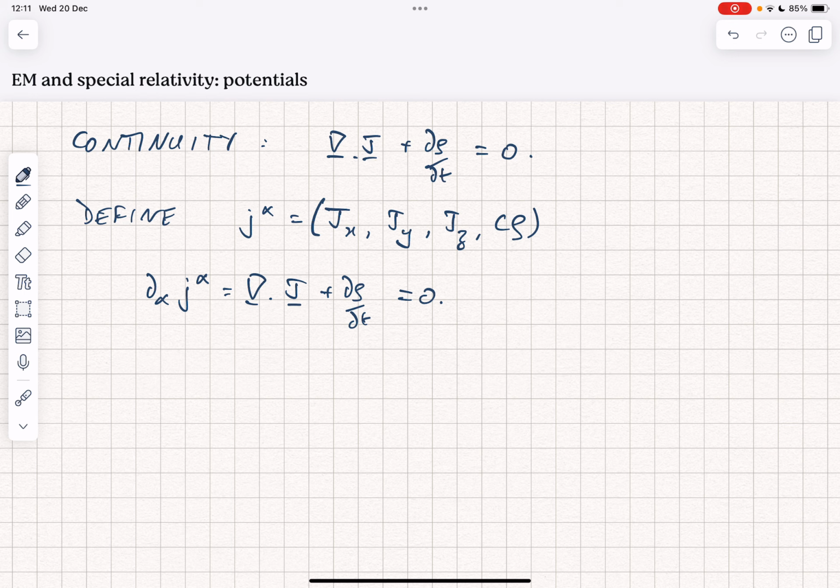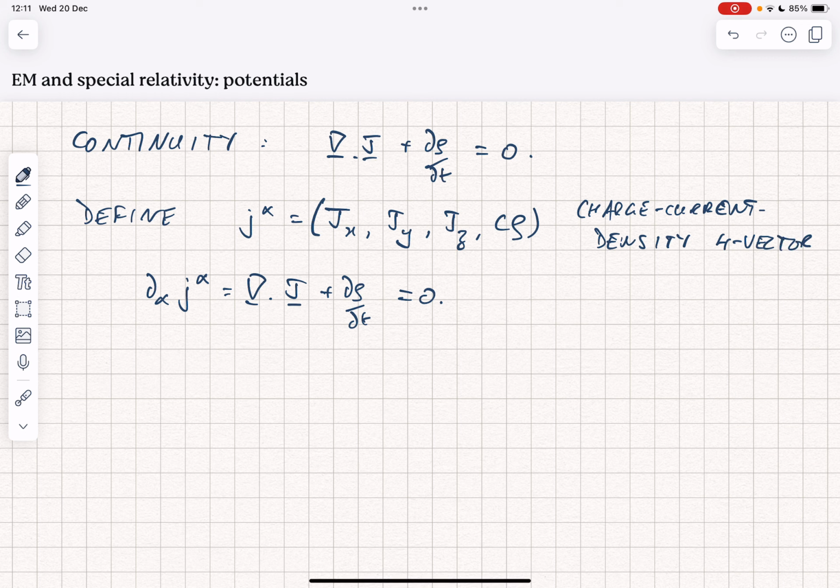It's true in all reference frames. This is perhaps not surprising, but it is reassuring. Defining the charge current density four-vector as we have, let's just write that up here, the charge current density. This isn't necessarily an official approved name, but it's true.